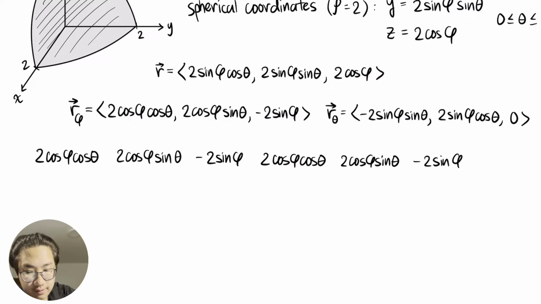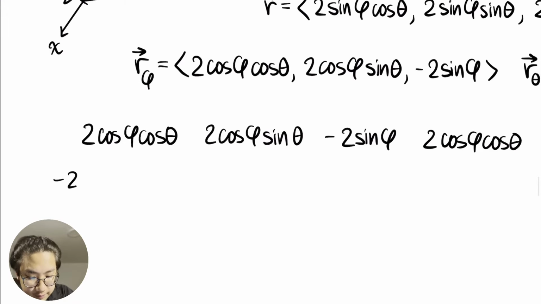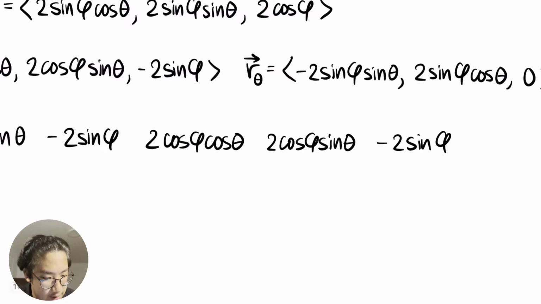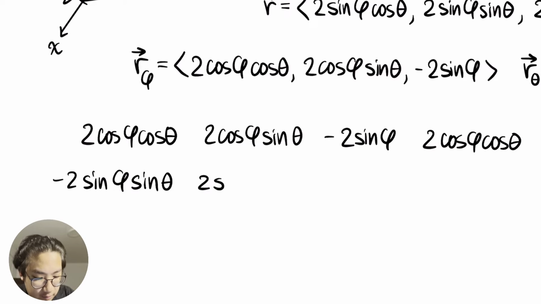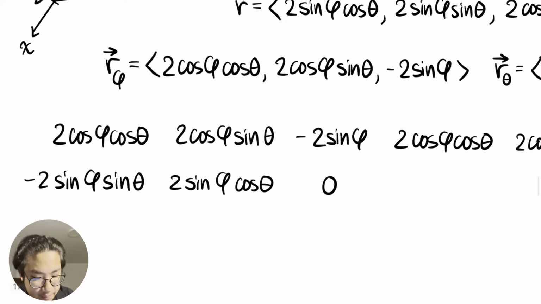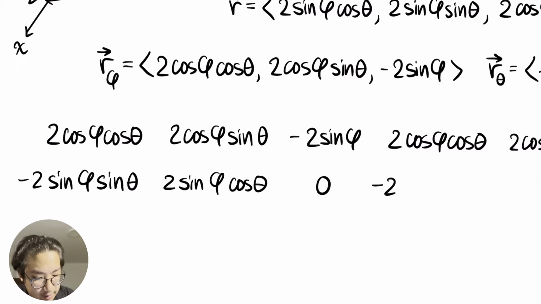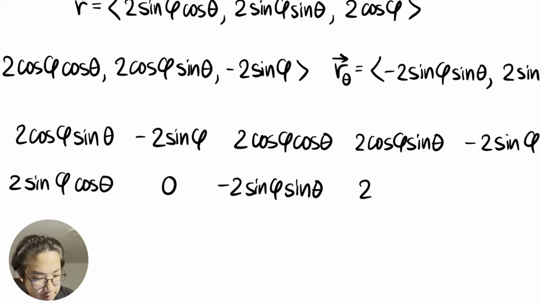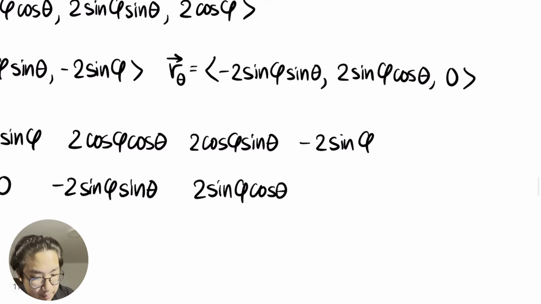So -2 sine phi sine theta, 2 sine phi cos theta, then 0. And then we repeat the exact same thing. So -2 sine phi sine theta, 2 sine phi cos theta, and then 0.